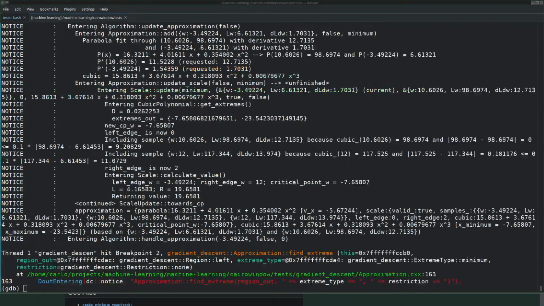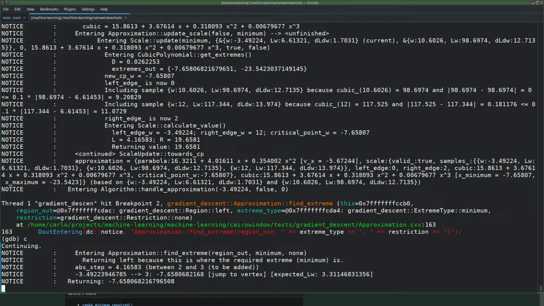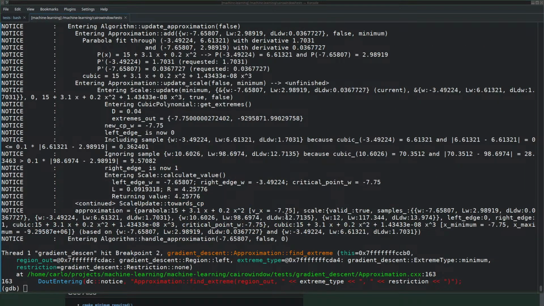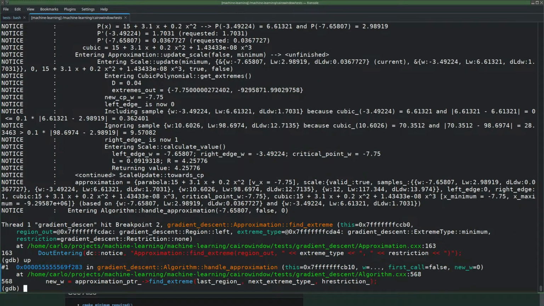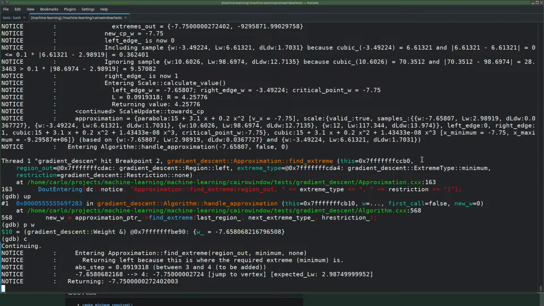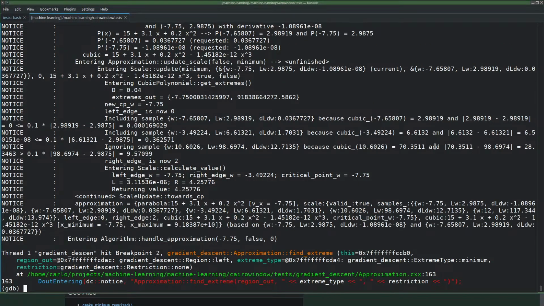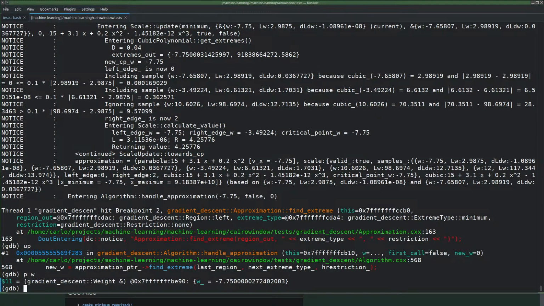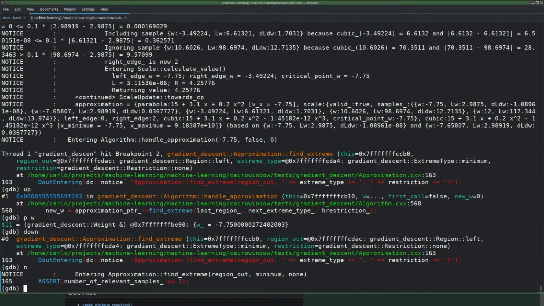Continue, space, continue, space, up, W, it's not yet, continue, space, up and W. So that would be this point. Next.